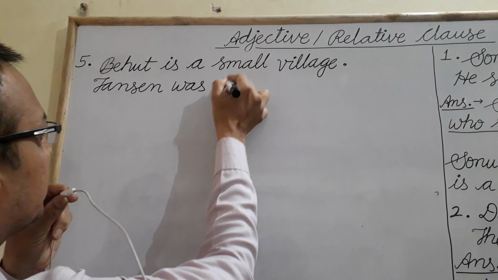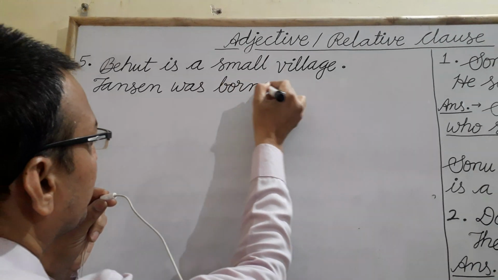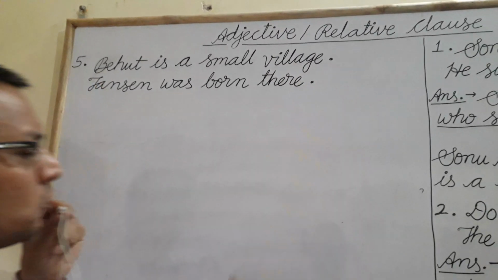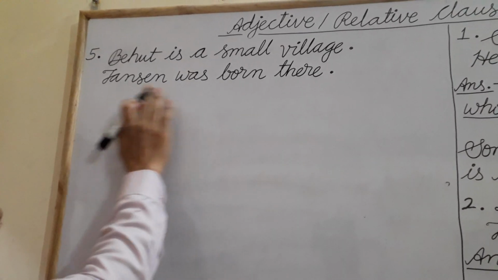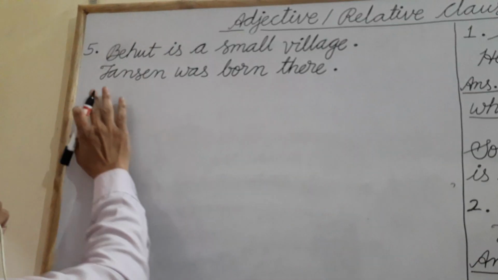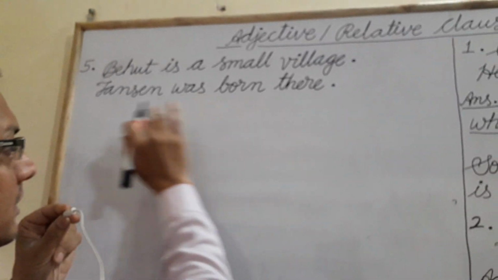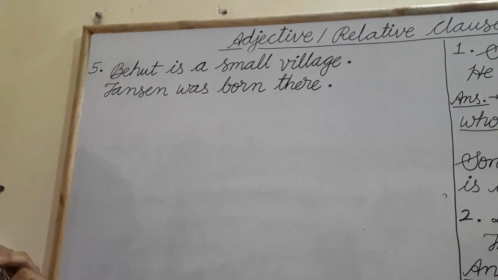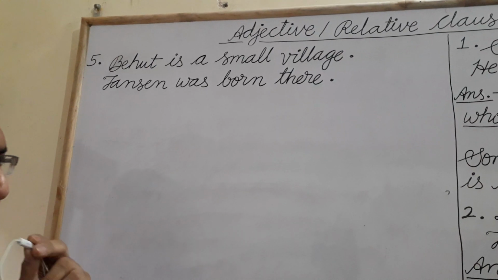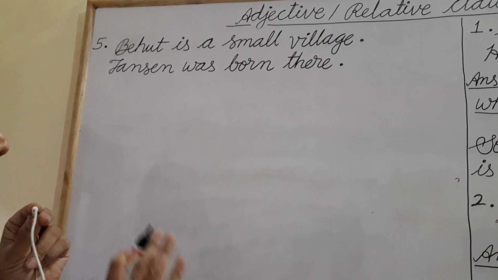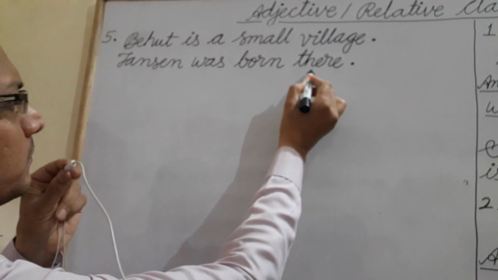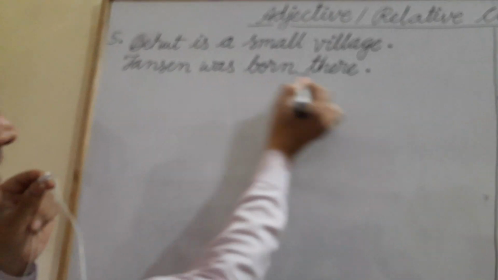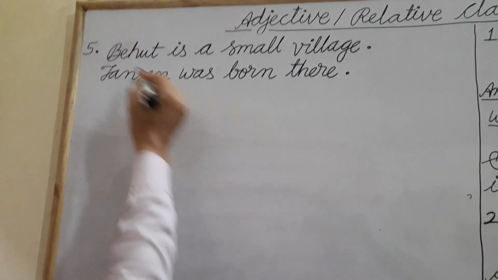Tansen was born there. So I have written Behat is a small village. Tansen was born there. So in the second sentence, the word there has been used for showing a place. So it means Tansen was born in Behat.